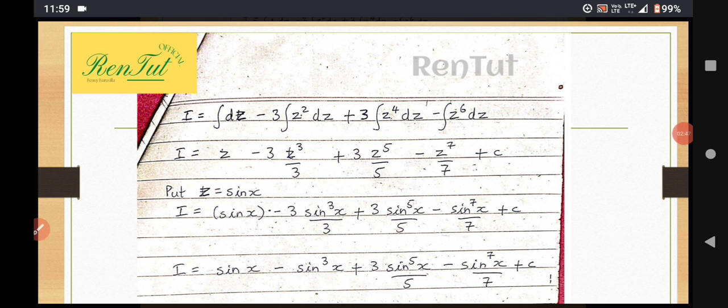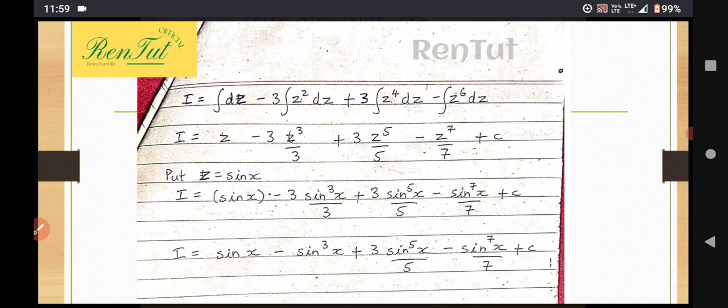Now integration of dz would come to z. Integration of dz is z, the first term. Then we have the second term, integration of z square, which is z raised to 2. After integration it would be z raised to 2 plus 1, and the denominator would also be 2 plus 1. So you have got this term. 3 is already there, so the 3 in the numerator and denominator will get cancelled.